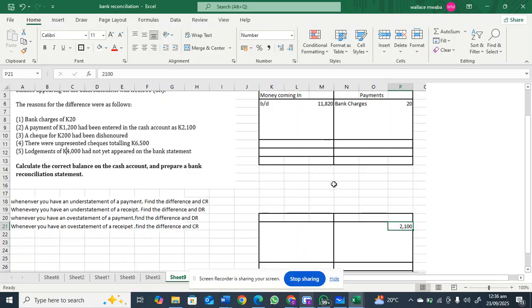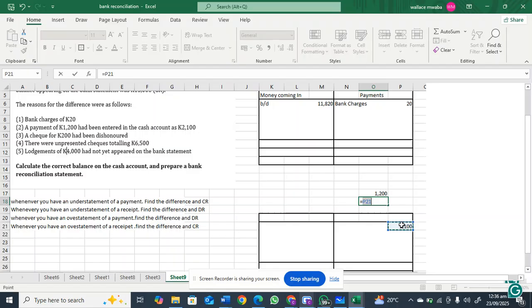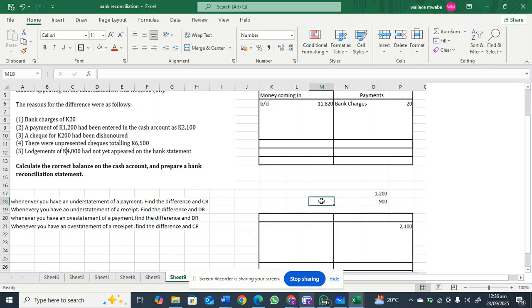The first thing we need to do is find out how much the payment was overstated by. The payment was supposed to be 1,200, but they wrote 2,100. So 2,100 minus 1,200 is 900.